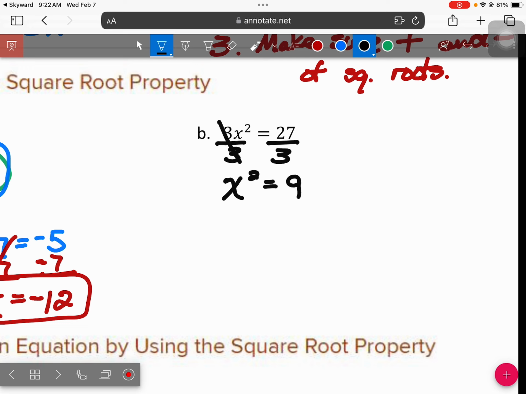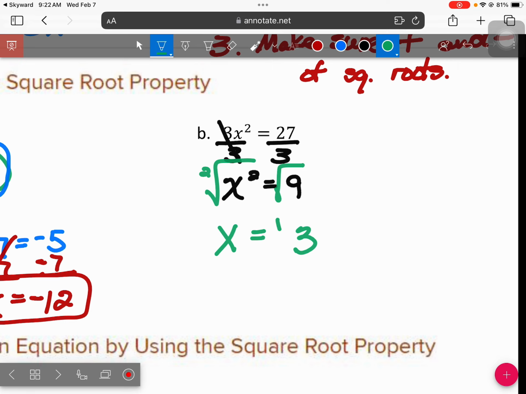Now my squared part is isolated. So take the square root, take the square root. The square root of anything squared is that anything. So x is equal to, and when you take the square root of a number, what number times itself gives you 9? 3.